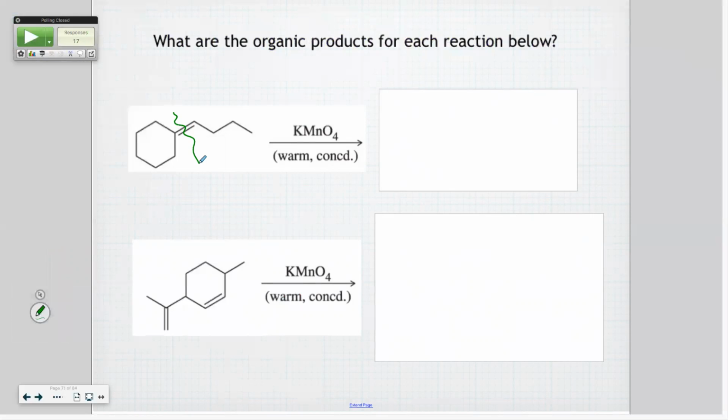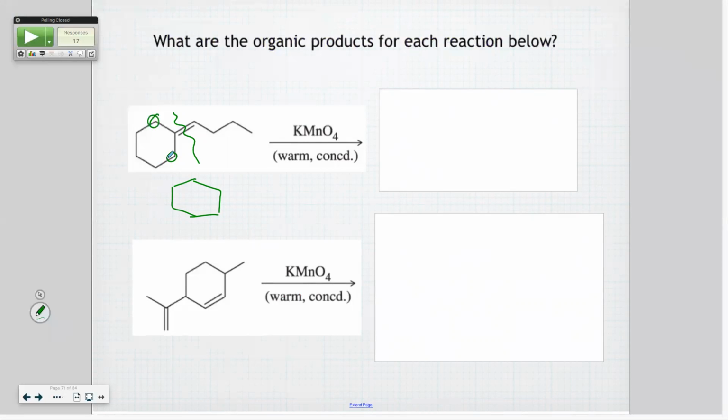I have a cyclohexane, right? Does this carbon, this one right here, have one R group, two R groups, or no R groups? 0, 1, or 2 are your only options. It has two R groups, right? There's a carbon here and a carbon here.